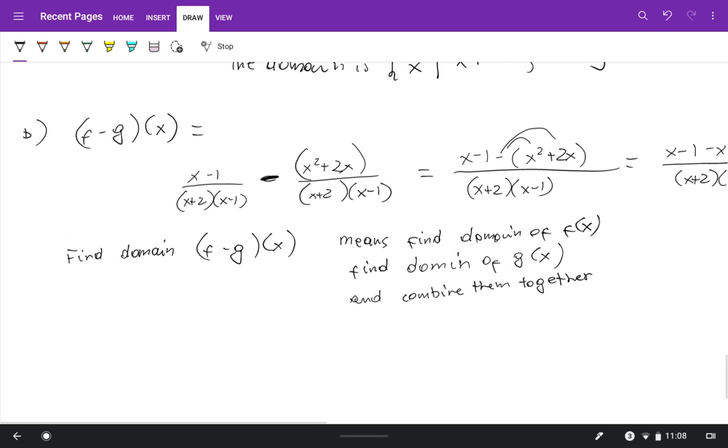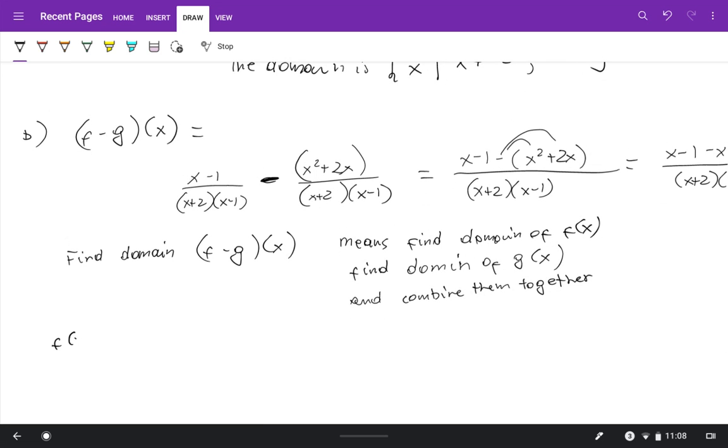So going back to function f of x, I just want to show you guys that originally f of x was 1 over x plus 2. So for the domain here, x plus 2 cannot be equal to 0. So x cannot be equal to negative 2. G of x originally has the equation x over x minus 1.